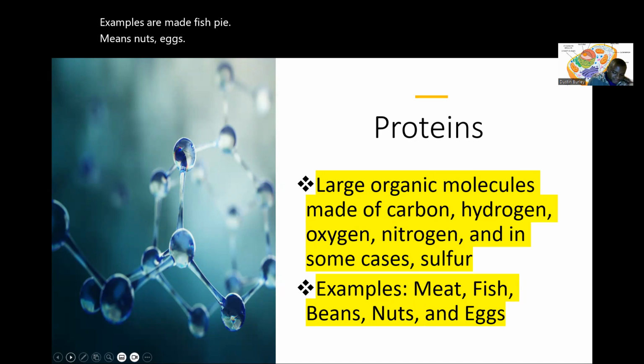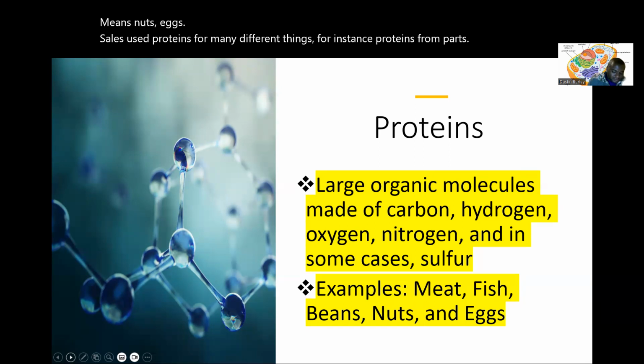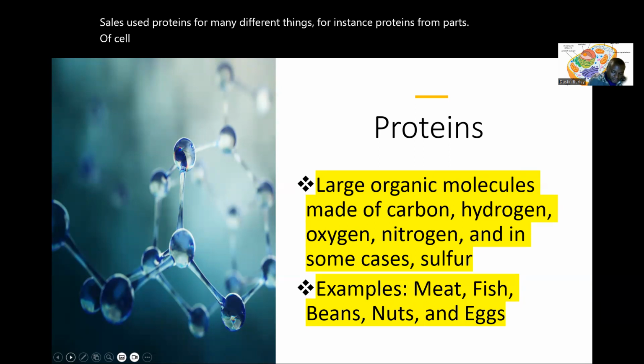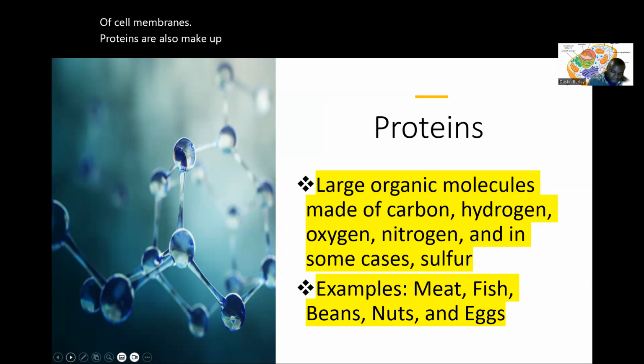Cells use proteins for many different things. For instance, proteins form parts of cell membranes. Proteins also make up many of the organelles within the cell. Cells in your body use proteins to build body parts such as hair.